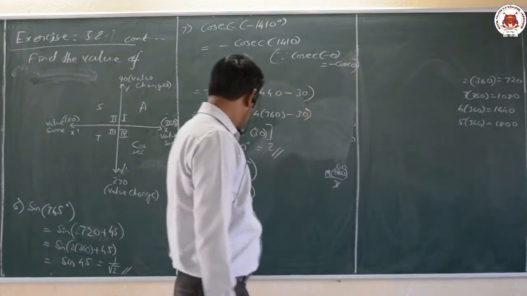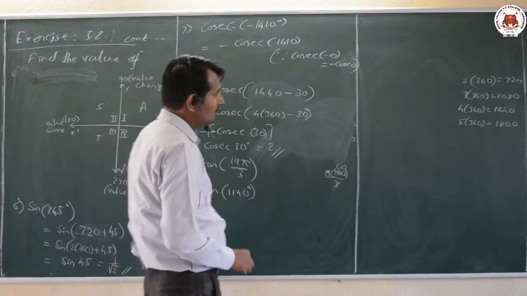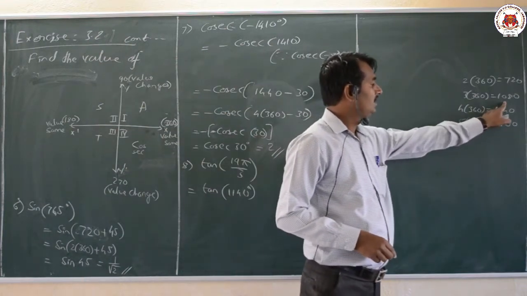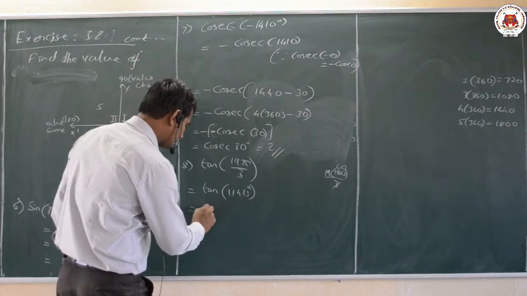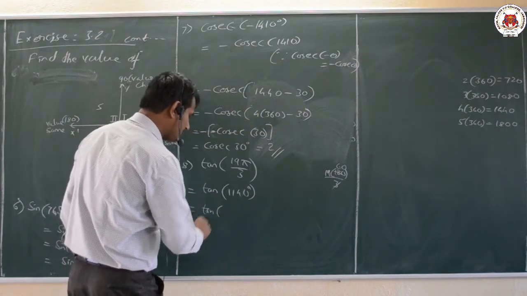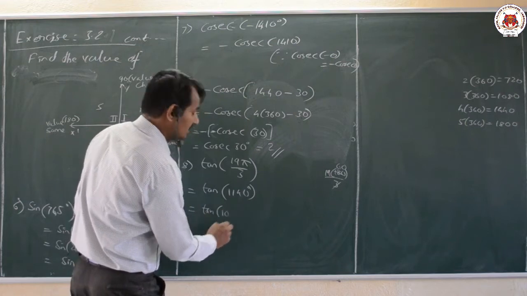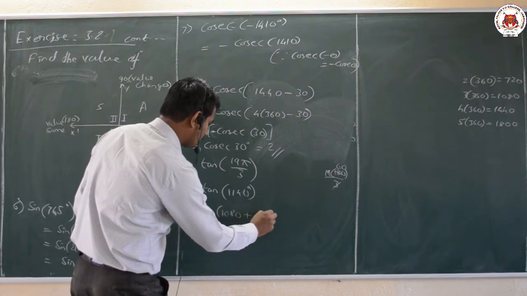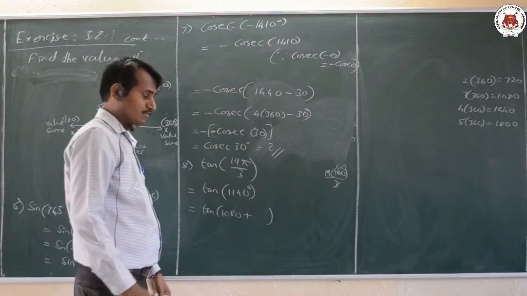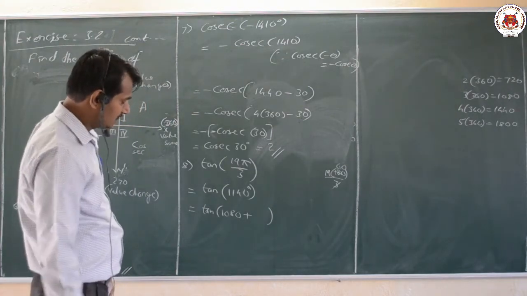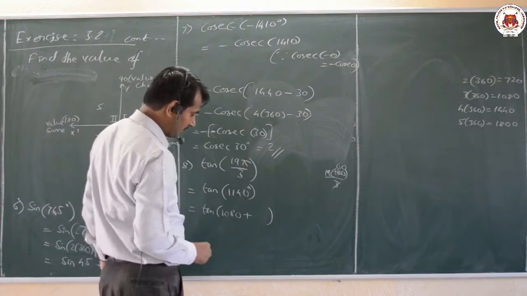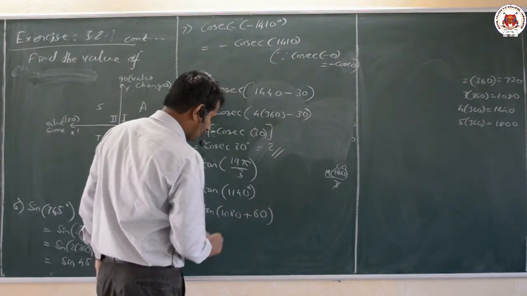That means which one is nearer to 1140? I think 1080 will be nearer. So what I can write here is tan of 1080 plus what value is equal to 1140. That means I have to subtract here. So what we get here is 60.